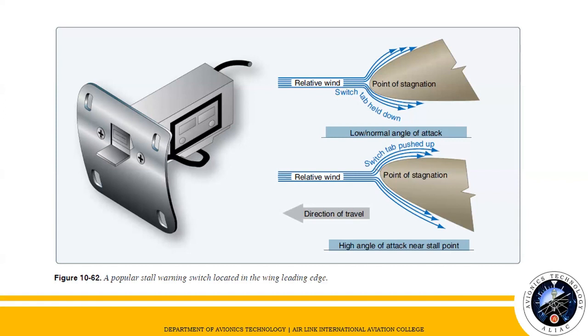Okay, ulitin natin, meron din siyang heating element to ensure ice-free operation. Signals are sent from the sensor to the cockpit or computers as required. AOA indicators may be calibrated in actual angle degrees, arbitrary units, percentage of lift, used symbols, or even fast or slow.